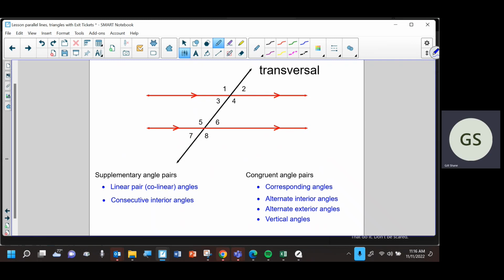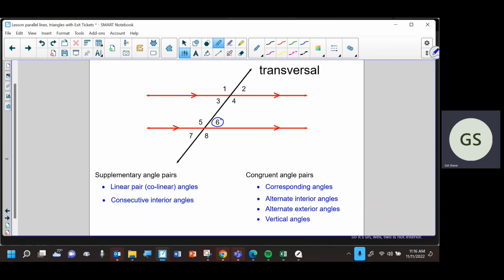Well, so 6 is interior, but is on the opposite side of 4. So we can start with 6. 6 is interior. But now you need one that's still interior, but on the opposite side of the transversal. 4 is not on the opposite side. Well, 2 is not interior.